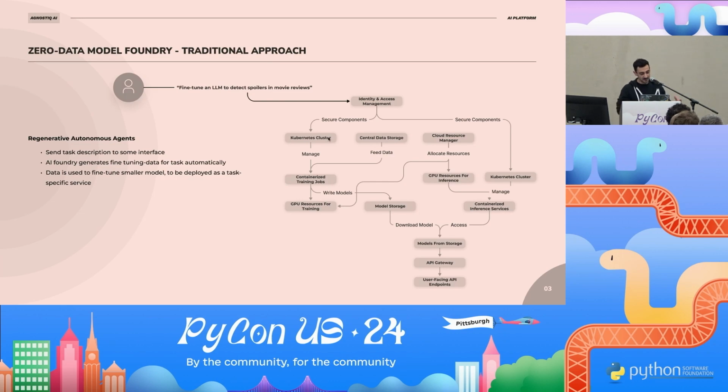You'll have to manually set up your access management, set up storage in the cloud, as well as two different clusters for both the training side and the inference side. You have some repository for images. You have to manage GPU resources on your own, store your models, never mind connecting it all together in the end. And what comes out of the very bottom here is user-facing API endpoints.